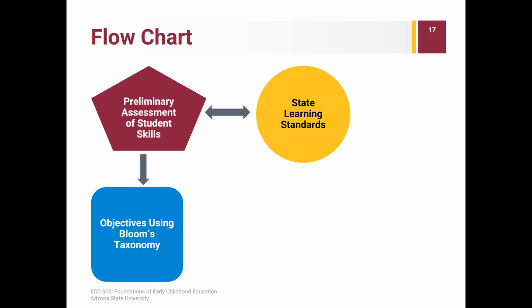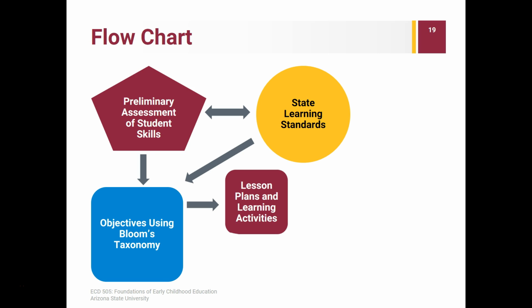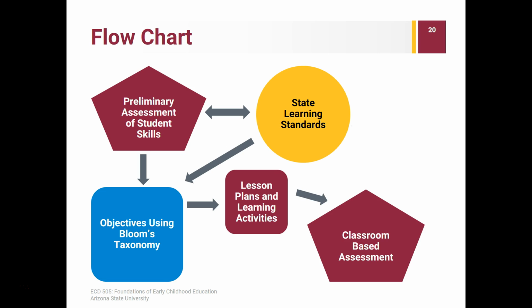From the results of the preliminary assessment, we develop learning objectives using Bloom's taxonomy. These objectives are driven by the state learning standards. Once the objectives have been identified, we begin to plan our lessons and other learning activities to develop these skills. And as we are implementing lessons, we are also conducting classroom-based assessment.